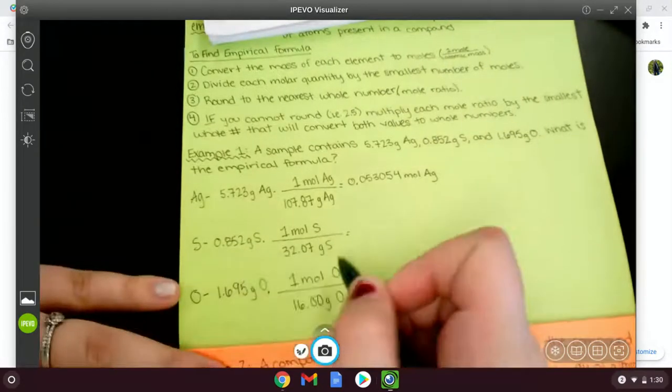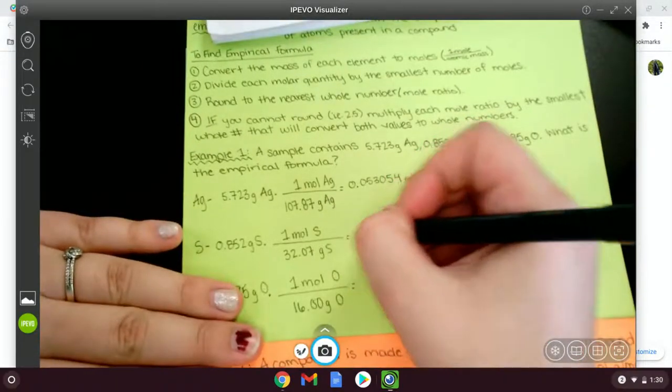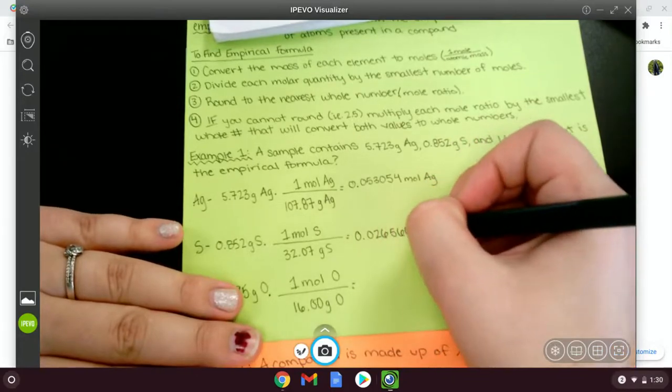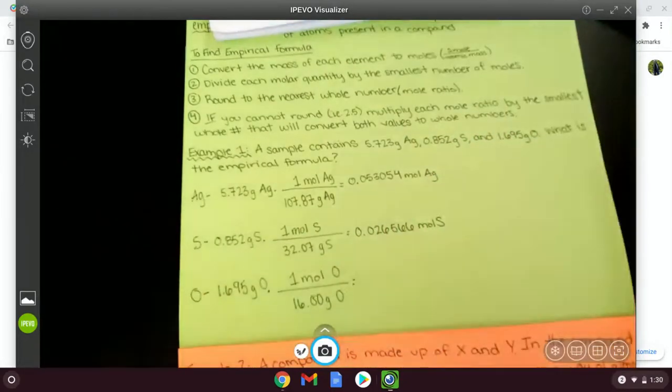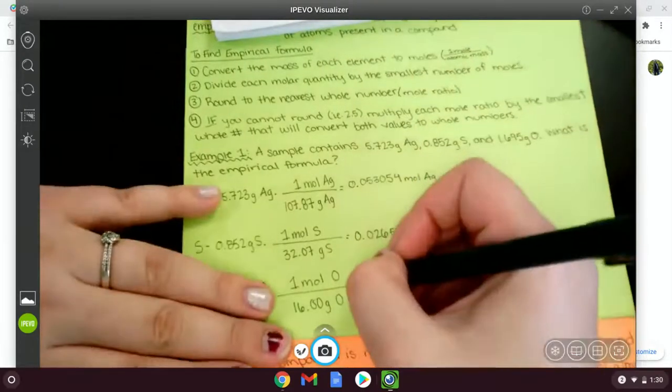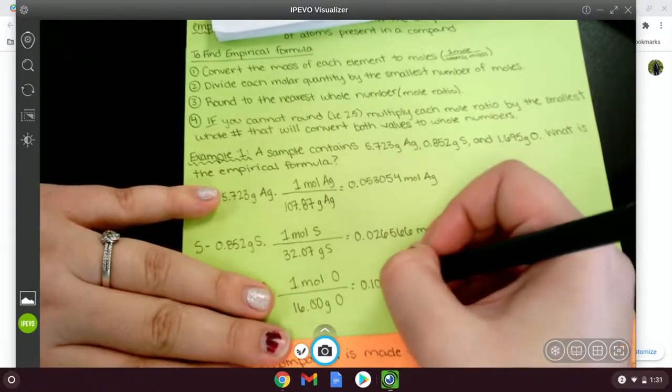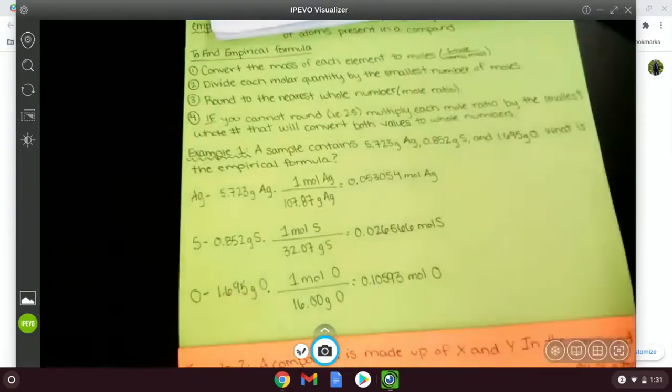And I would urge you to carry as many decimals as you can, because sometimes the numbers are super close and it makes it kind of difficult to decide which one's the smallest. So for sulfur, you should get 0.026566 moles of sulfur. And for oxygen, 1.695 divided by 16 gets you 0.10593 moles of oxygen. So that's step 1.